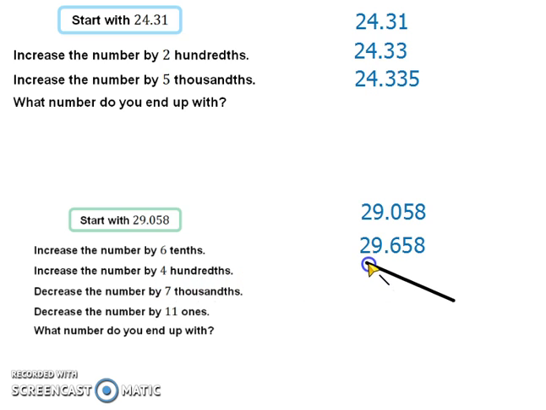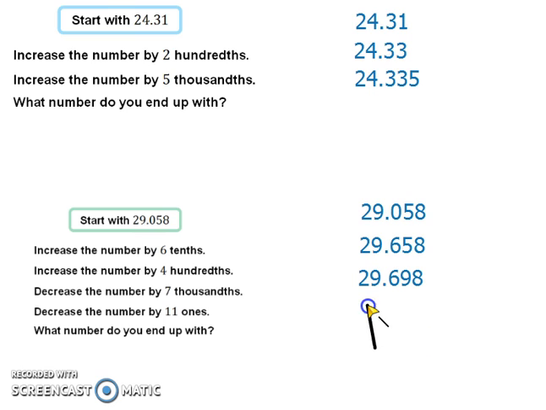So our hundredths column, we note tens, units, tenths, hundredths, and we're increasing by 4. 5 increased by 4, or 5 plus 4 equals 9. Our new number becomes 29.698.